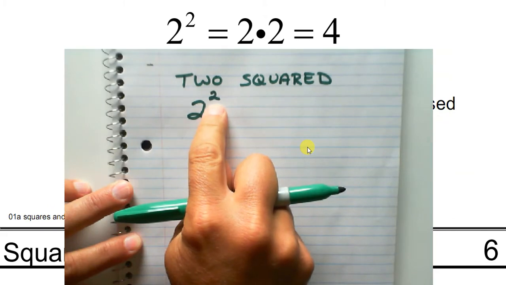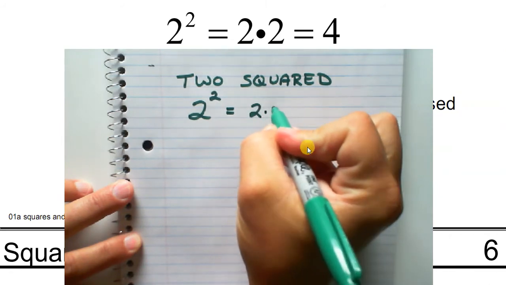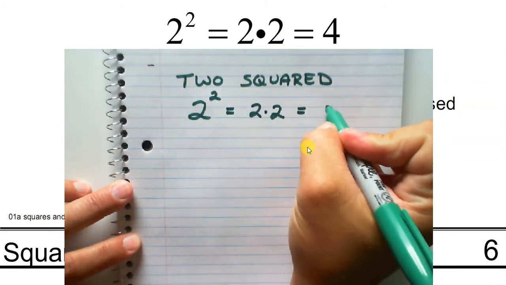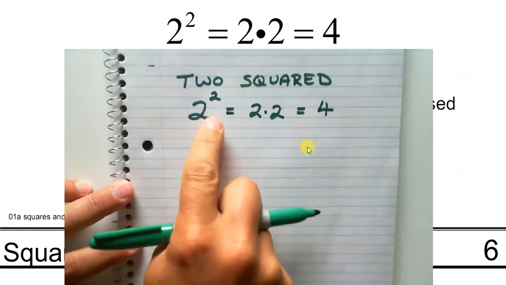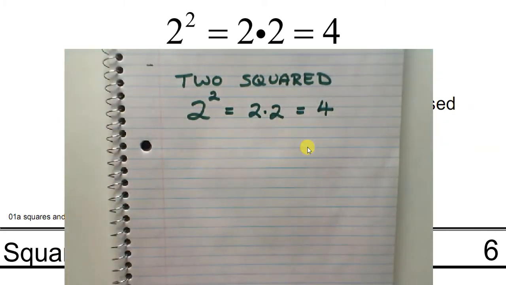That little guy right there is a second power or a square, and this really means 2 times 2, which equals 4. 2 squared equals 2 times 2, which equals 4.